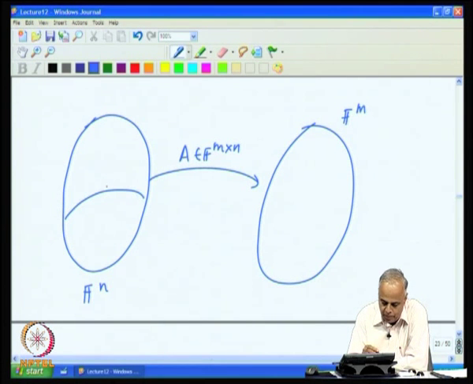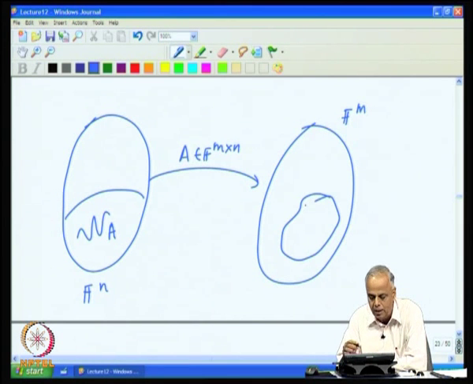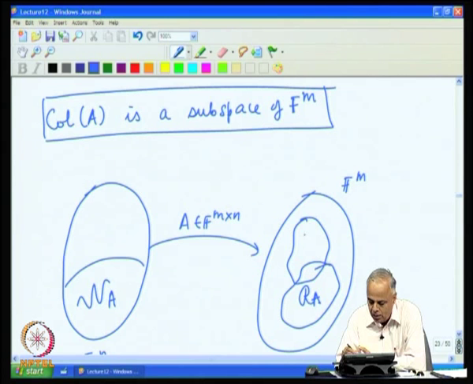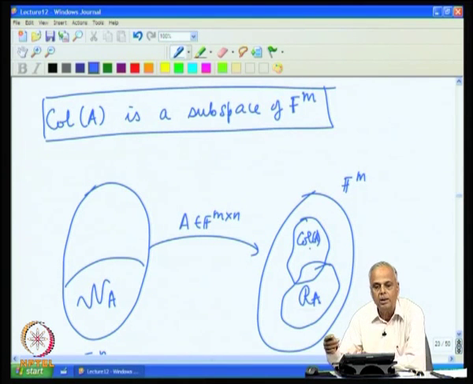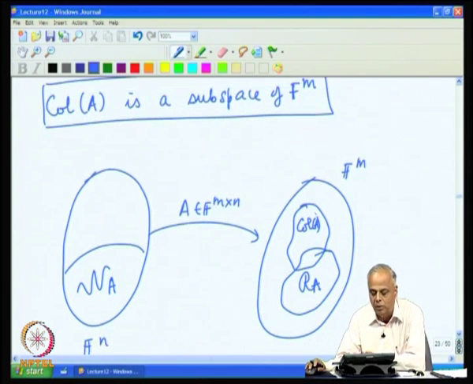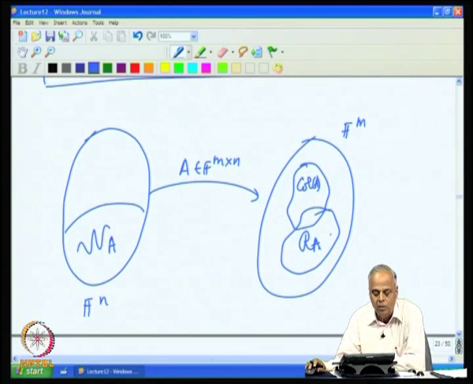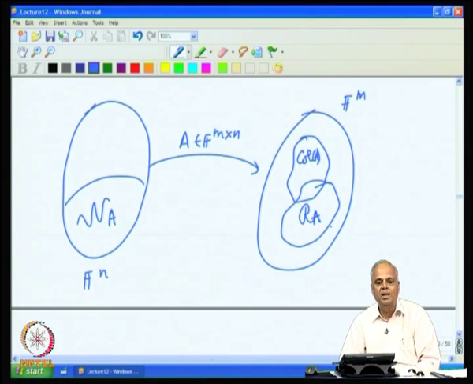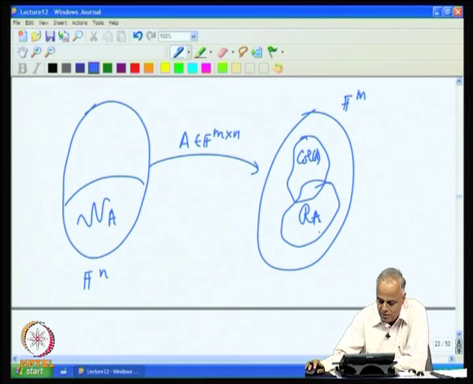Here we had one subspace which we called the null space of A. Here we had one subspace which we call the range of A. Now, we have another subspace in Fm known as the column space of A. We do not know its relation with the range of A. It may or may not have an intersection with the range of A, or it may not be different from the range of A. At the moment we do not know. So, in Fm we have two subspaces, and in Fn we have one subspace.